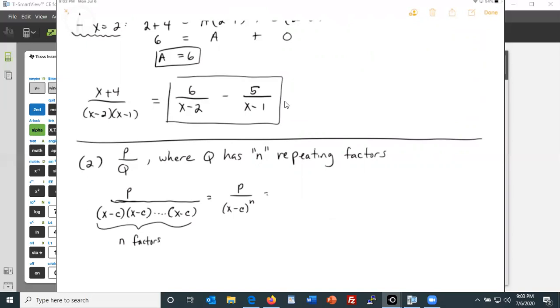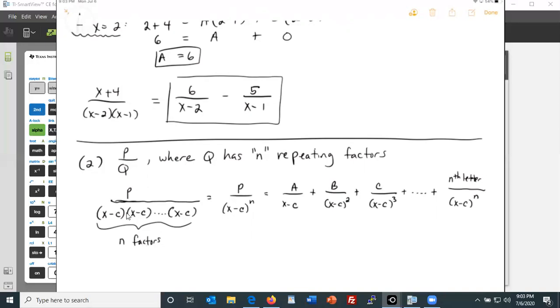So the way I would have to decompose this, now watch carefully, I would have to decompose this with A over (x - c) to the first, plus B over (x - c) to the second, plus C over (x - c) to the third, plus dot dot dot, plus some letter, whatever, my nth letter, over (x - c) to the nth power.